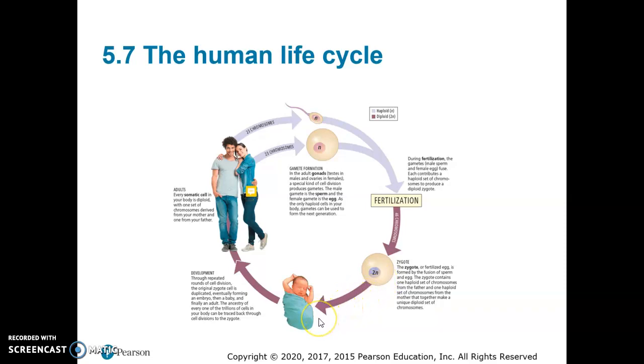And now all of these body cells are identical to that original cell. And what makes the cells different from each other is not that they've got different genetic information, it's which genetic information they are using.